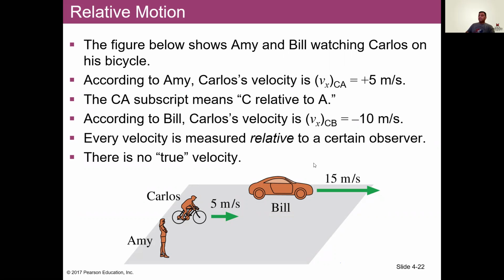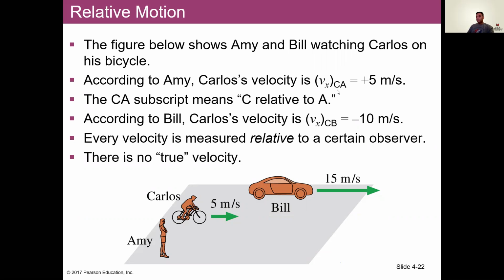All right, so for that we are going to use some conventional notations. For example, if we are trying to tell Carlos's velocity with respect to or according to Amy, meaning what Amy is going to see when she's looking at this moving bicycle, it is CA.